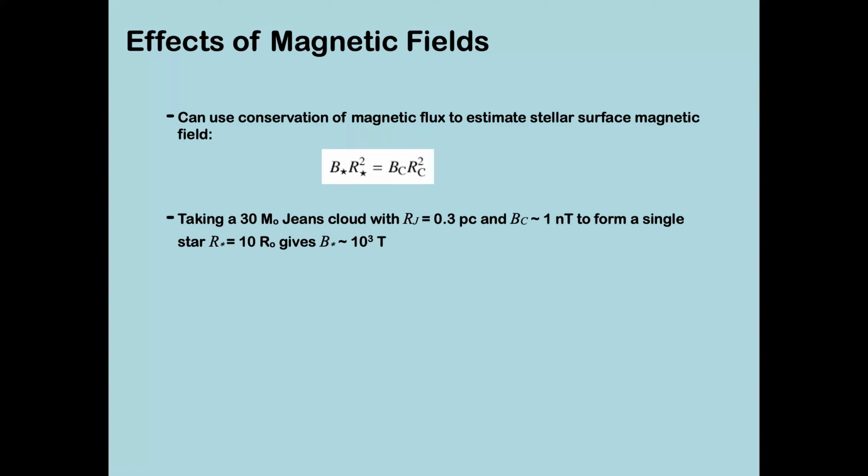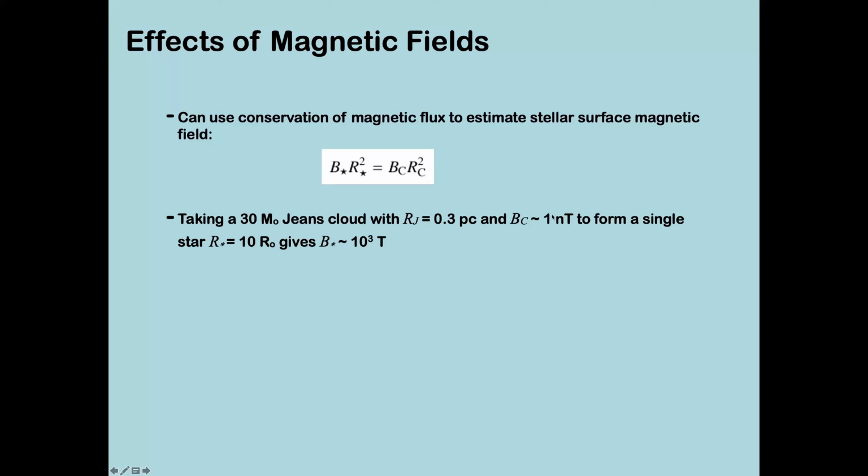So this means that if we take, for example, a cloud, you can put any number here, just random numbers, like a 30 solar mass cloud, it doesn't even need to be Jeans, it's just that it has to contract anyway, so super Jeans in a sense, with a radius of 0.3 parsecs and an initial field.